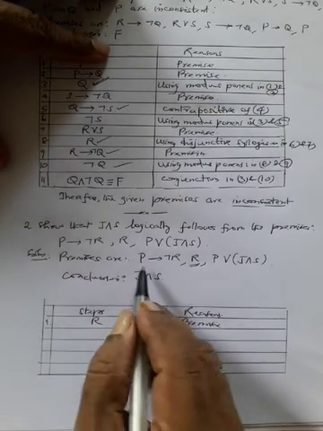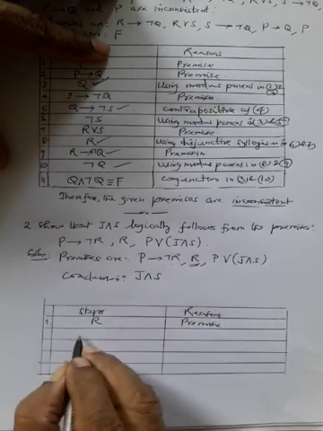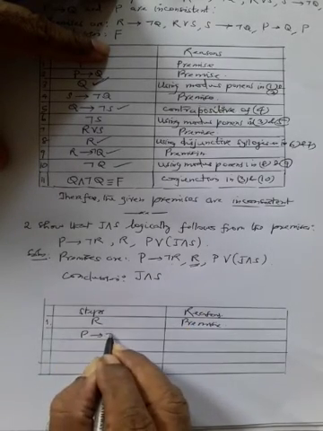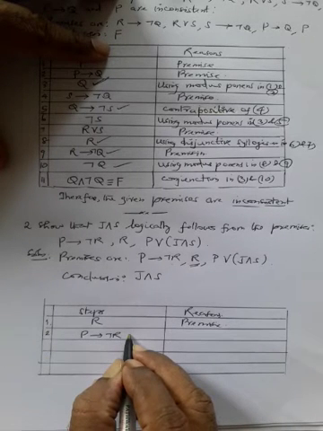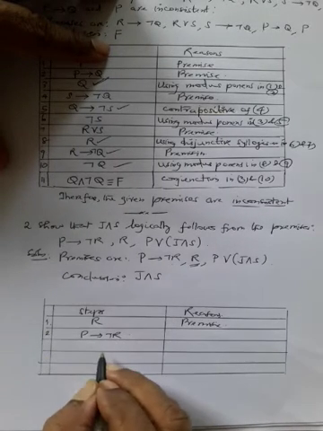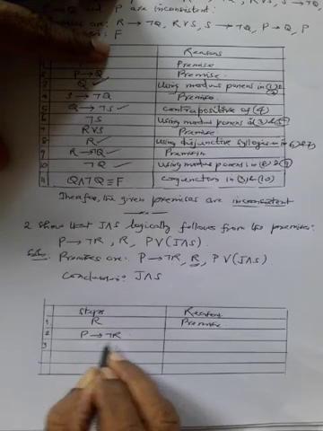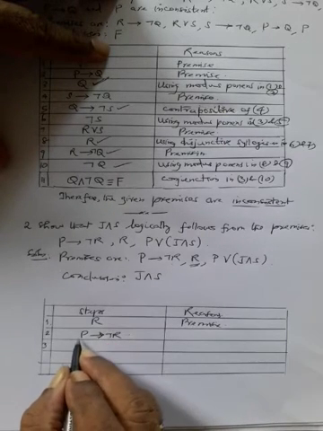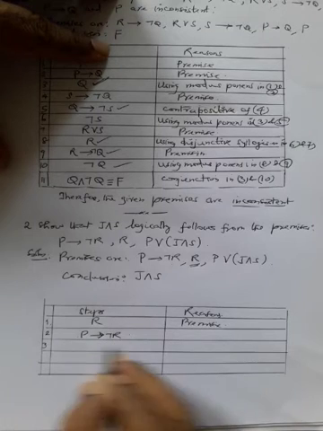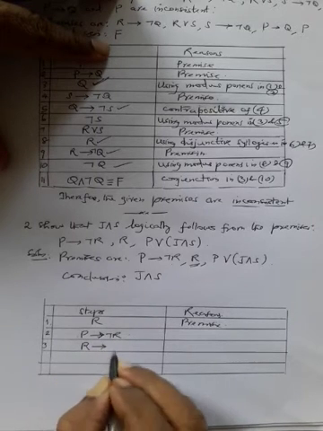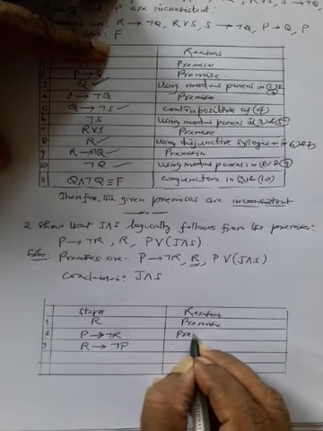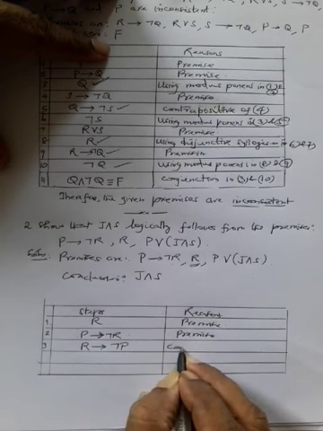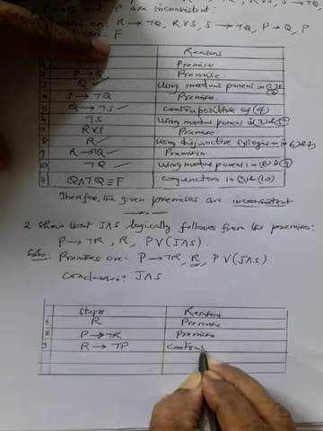When you have R involved here, that is P conditional negation R, the contrapositive we can take. Third one, the contrapositive is take negation on both sides and reverse it: R conditional negation P. This is also a premise. This is the contrapositive of 2.